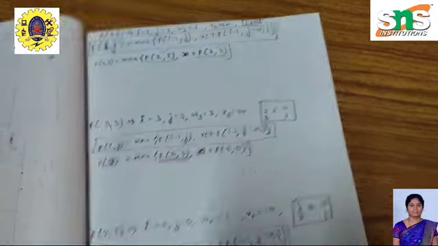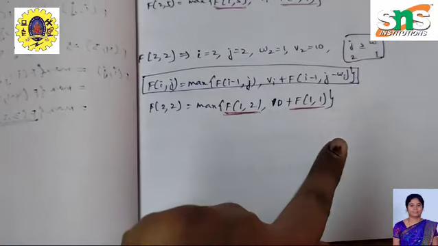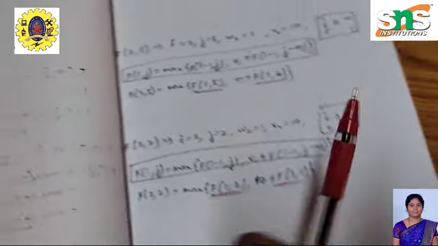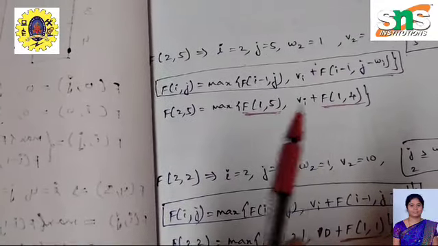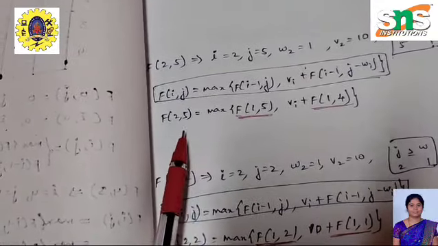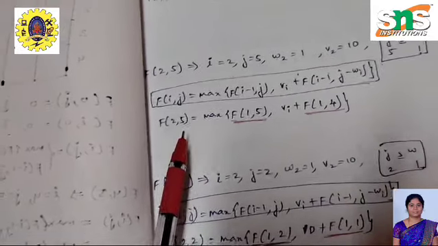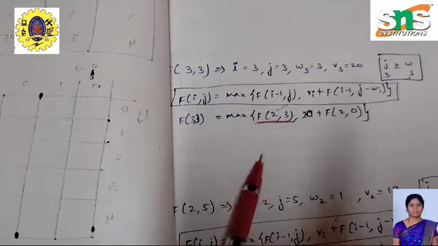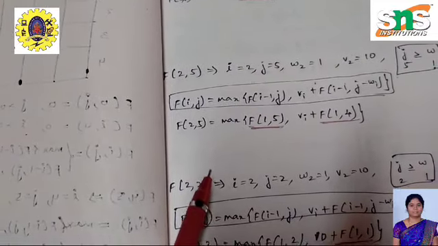Then for this 1 comma 2 and 1 comma 1 we have to substitute, and we will get 2 comma 2 value. And for this we are substituting 1 comma 4 and 5, and we will get 2 comma 5 value. So in this order, then again for 2 comma 3 first we will substitute this.